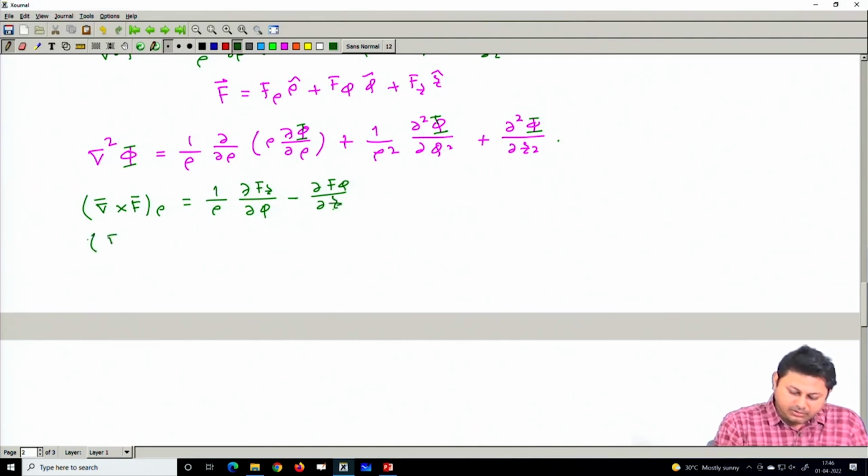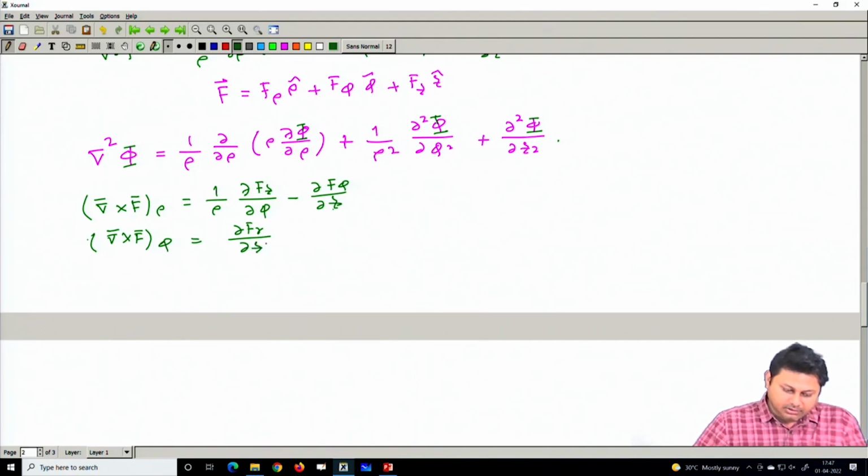What is the component of phi here? This is del f rho del z, I should not write it r because this is rho, minus del f z del rho.